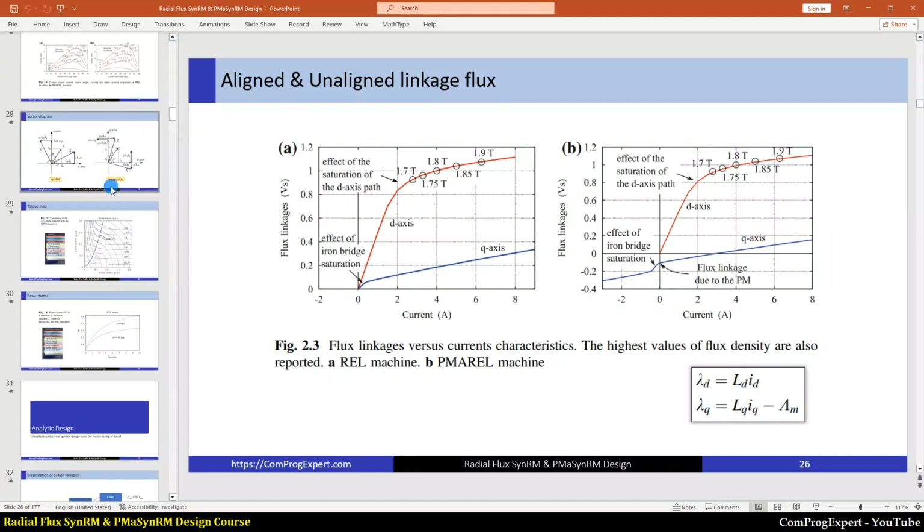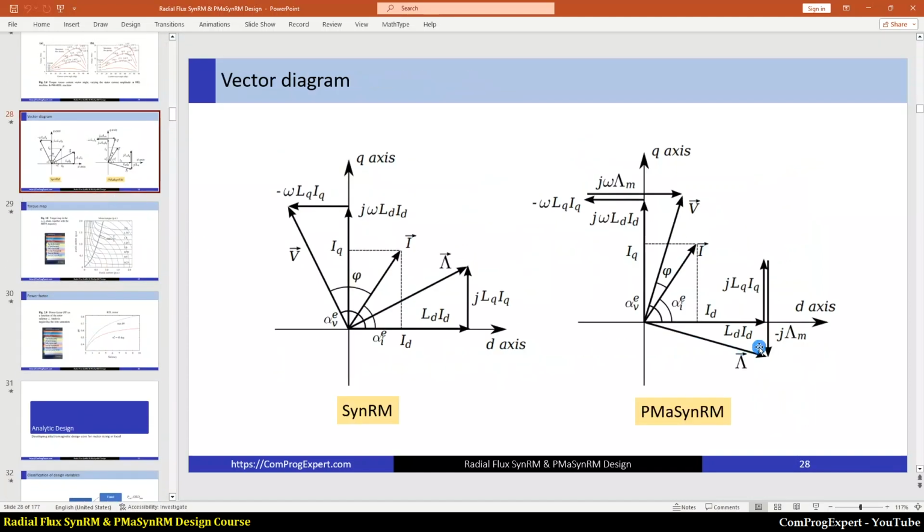So this is the case. LD ID, this is jLQ IQ, negative of j lambda m. So the voltage phasor is 90 degrees ahead of the flux linkage phasor and is here. So we have a good reduction in the value of phi. As you can see here, when we add magnets, we can improve the value of power factor.